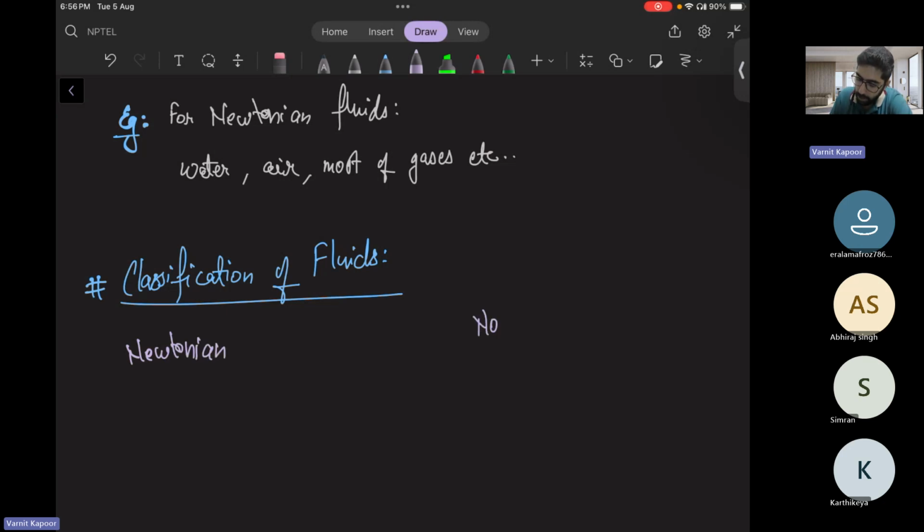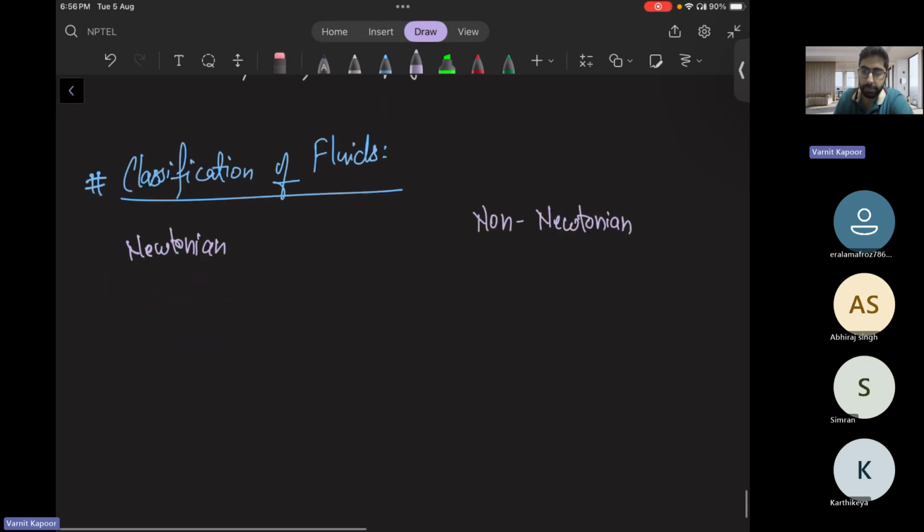From the name, Newtonian fluids are basically the whole of fluid mechanics; we are going to deal with Newtonian fluids only in this course. So tau is equal to mu du by dy.